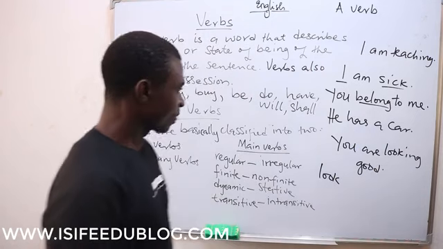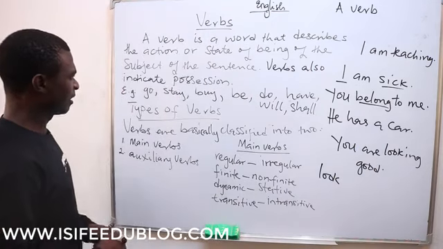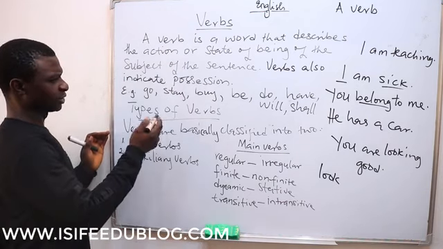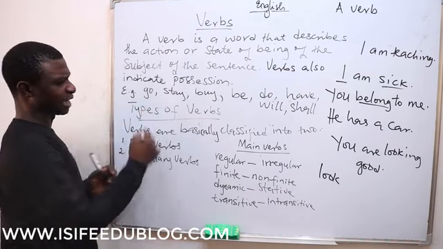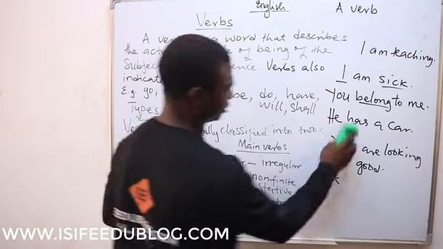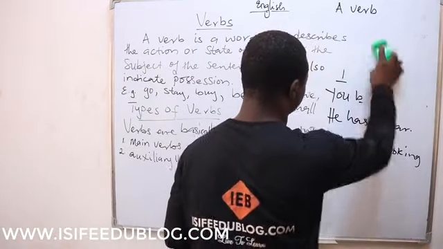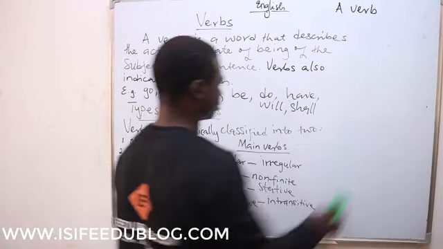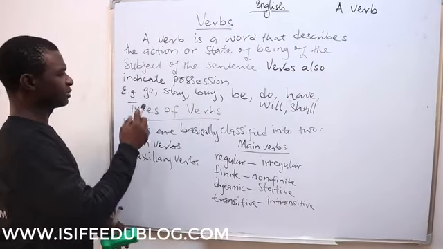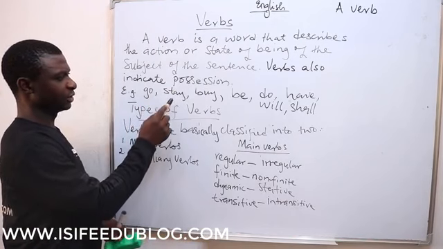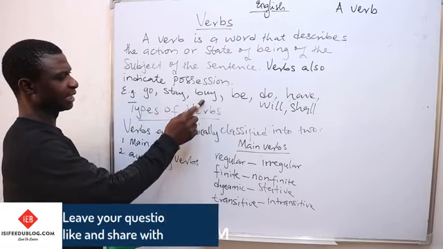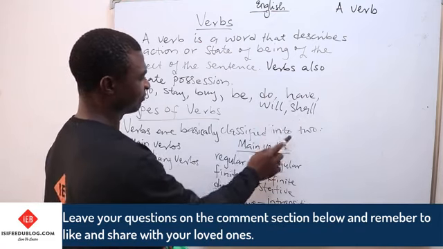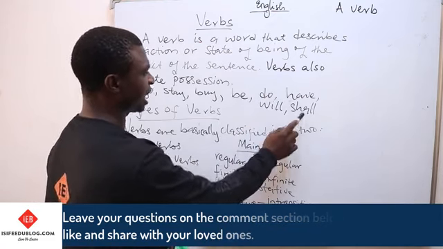Alright? So, let's look at, of course, on my board we have examples of verbs. Let me wipe to create more space for us. So, verbs include go, stay, buy, be, do, have, will, shall.